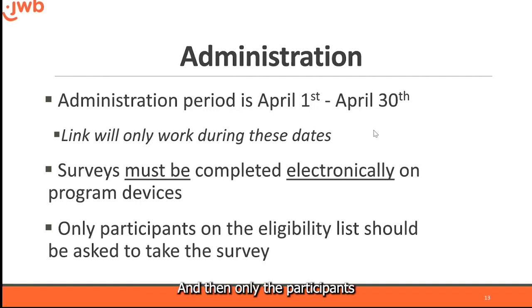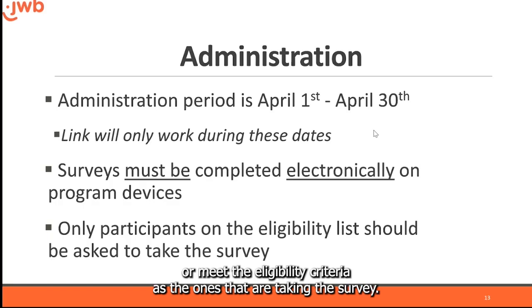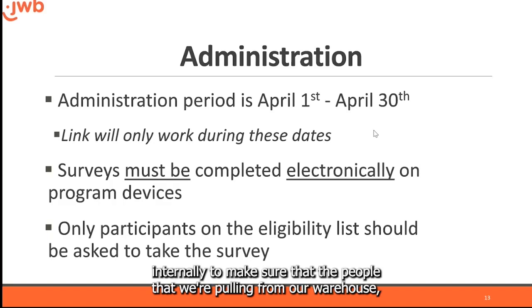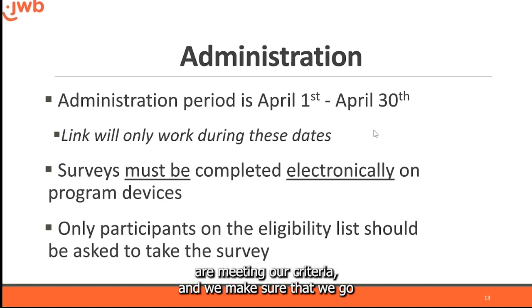And then only the participants on that eligibility list should be asked to take the survey. Oftentimes each year we see programs write in participants' names that they think are eligible or meet the eligibility criteria as the ones that are taking the survey. However, we go through a very rigorous process internally to make sure that the people that we're pulling from our warehouse are meeting our criteria.